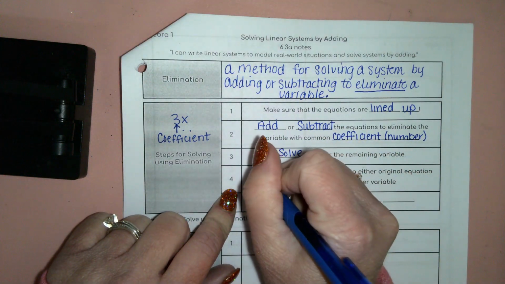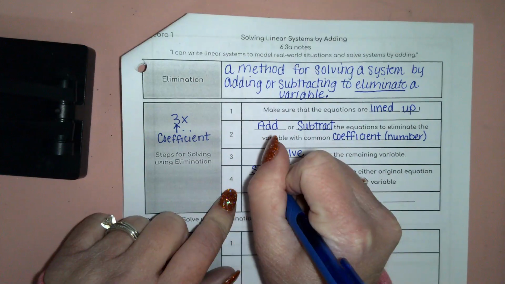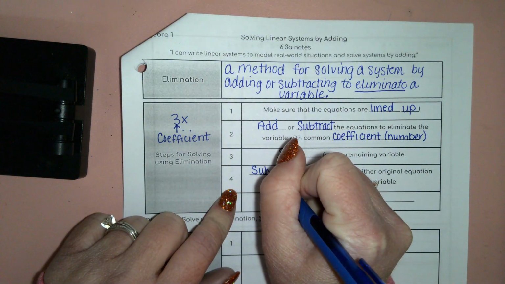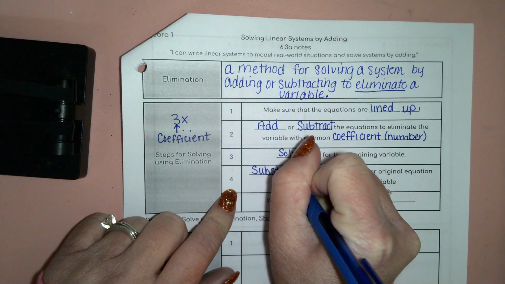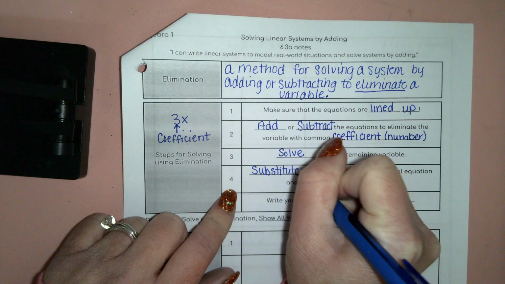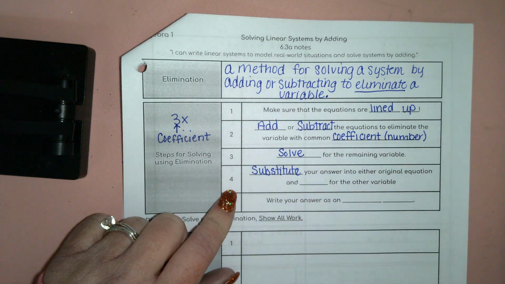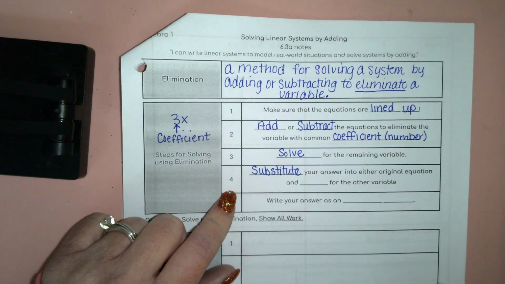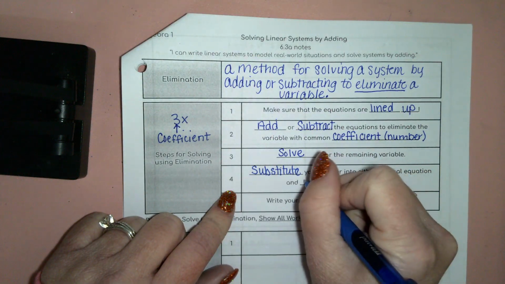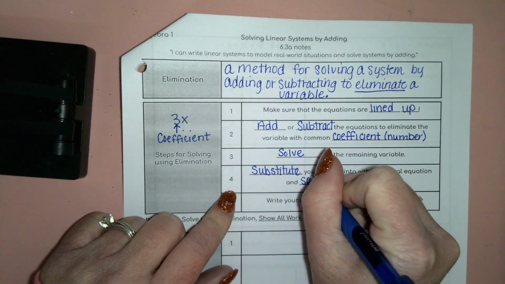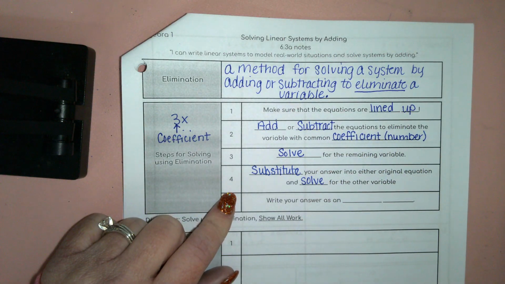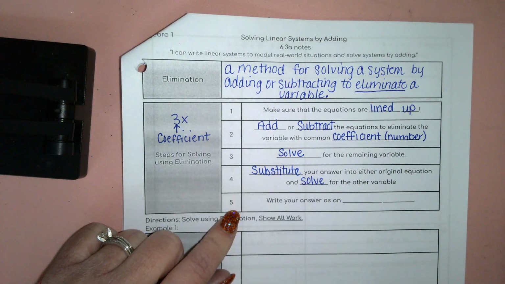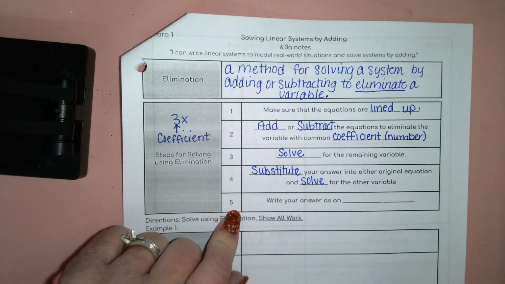We're going to substitute your answer into either original equation and solve for the other variable. And then step 5 is write your answer as an ordered pair.